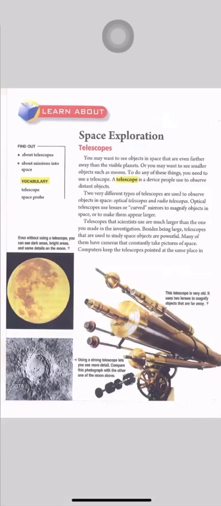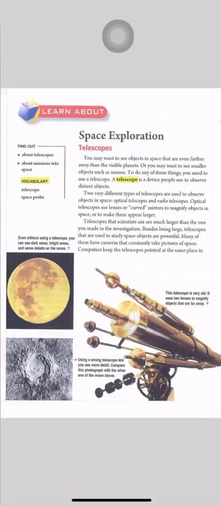And there are two types of telescope: optical telescope and radio telescope. Telescopes that are used to study space objects are powerful and large. Computers keep telescopes at the same place in space to let the lenses and mirrors collect light to produce lighter and clearer pictures.